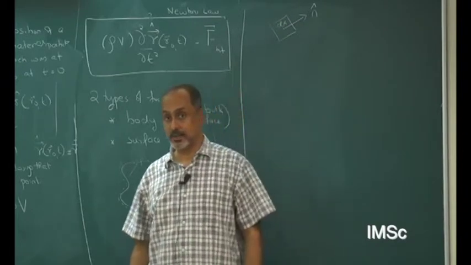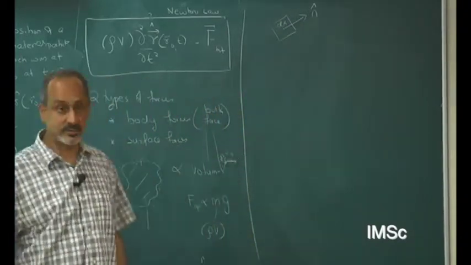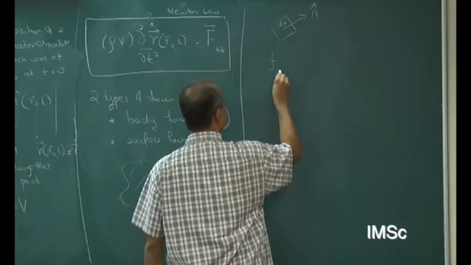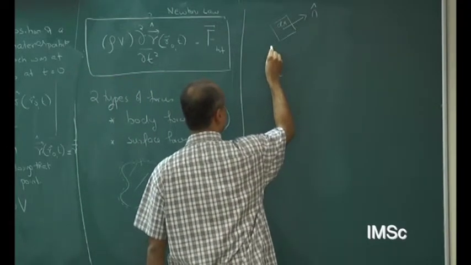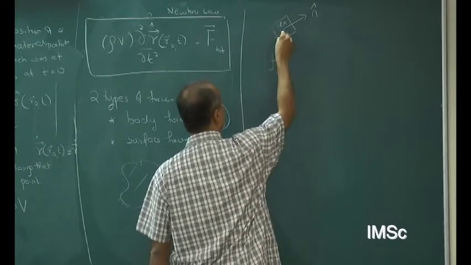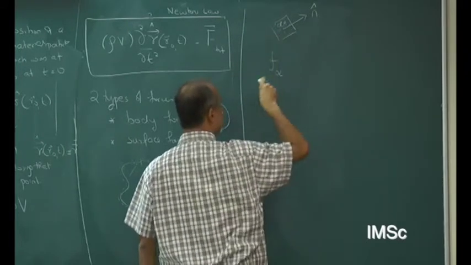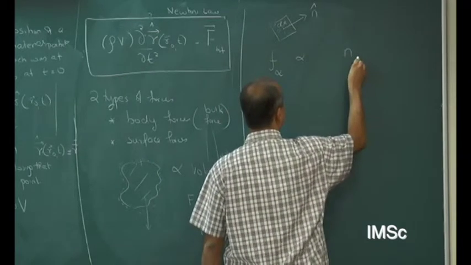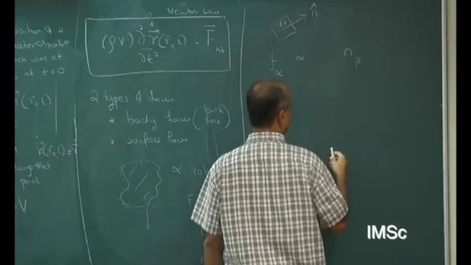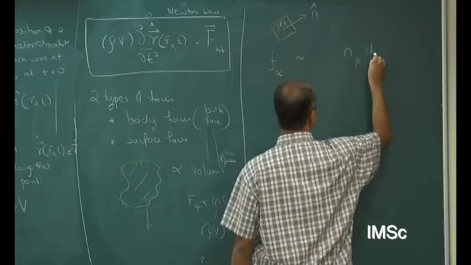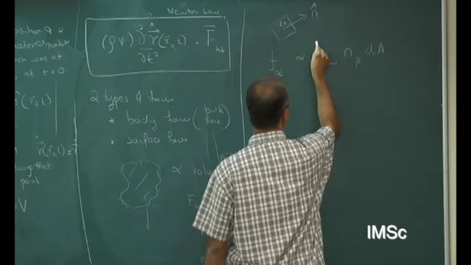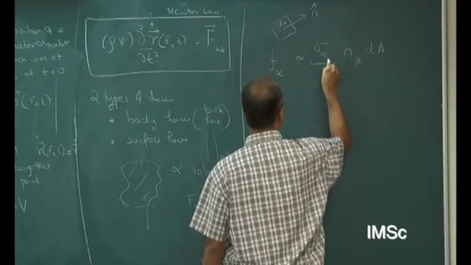One way of codifying this is to say that the net force, the alpha component of the force acting on a little element of size dA, is proportional to the components of the normal n beta, and proportional to the amount of area dA, and this proportionality constant is something called sigma alpha beta.